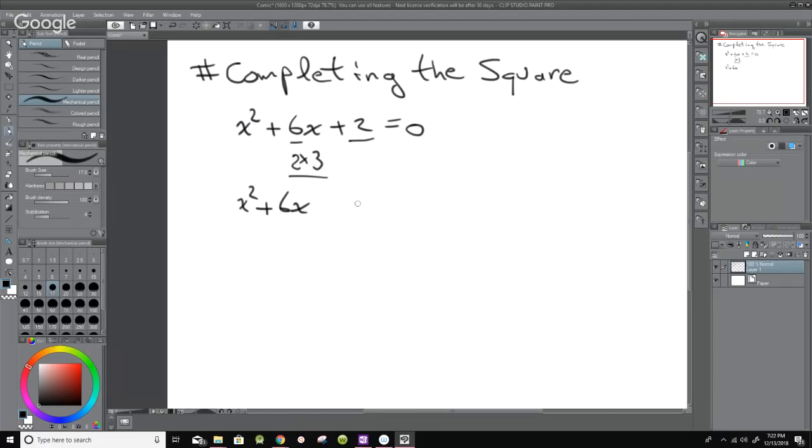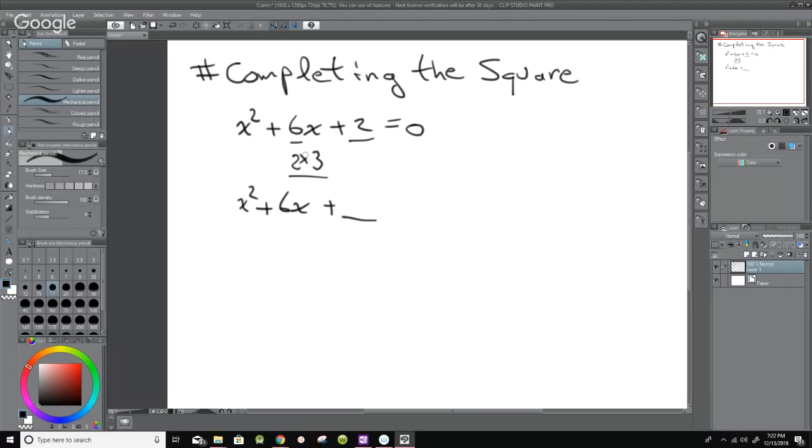Well, what constant number could I write here that, if I broke it down and then did the factoring that we did a moment ago, would multiply out and end up with 6x?